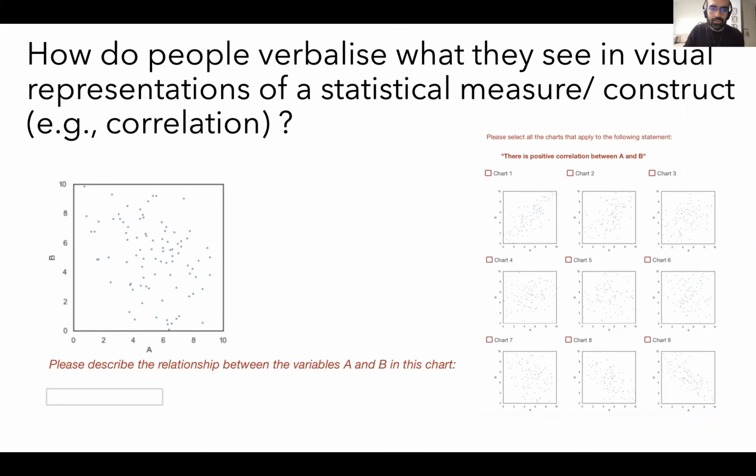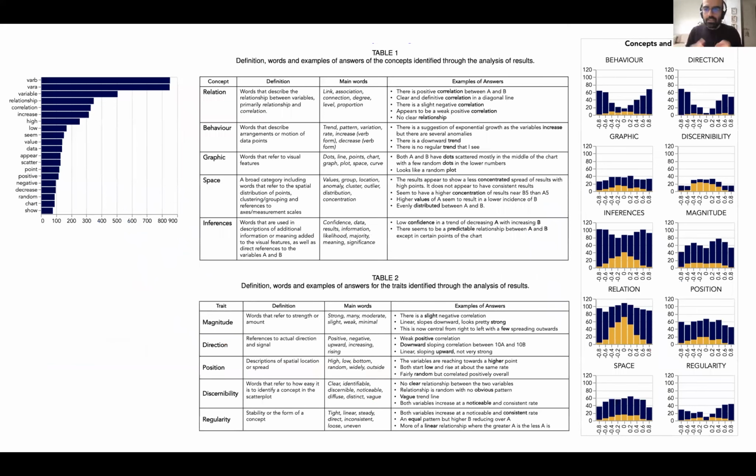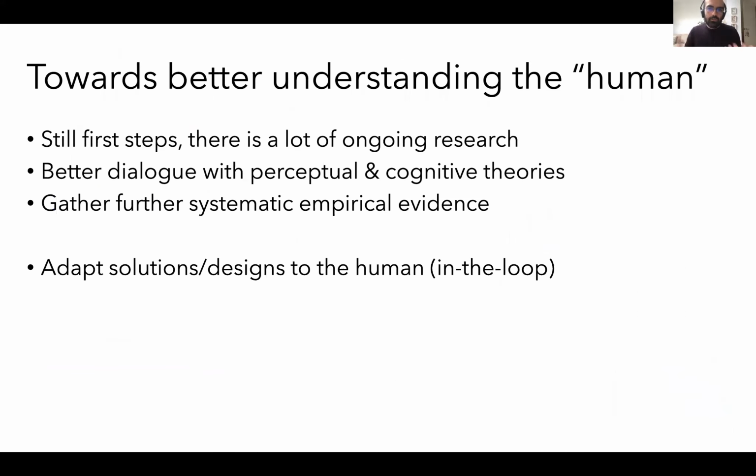We got lots of natural language representations of what people see, and then we analyzed that data to understand how people interpret and internalize the information they see from visual representations.